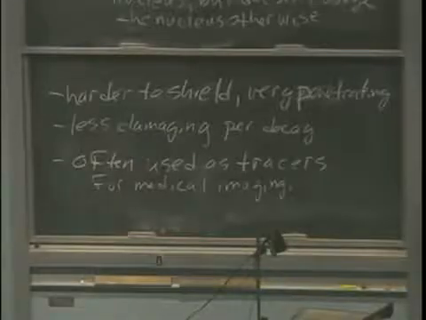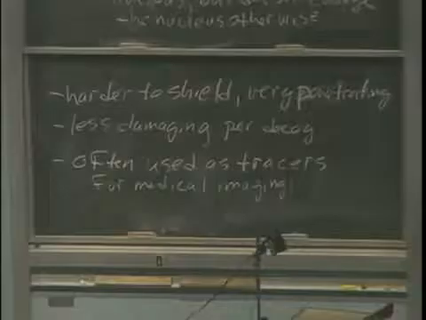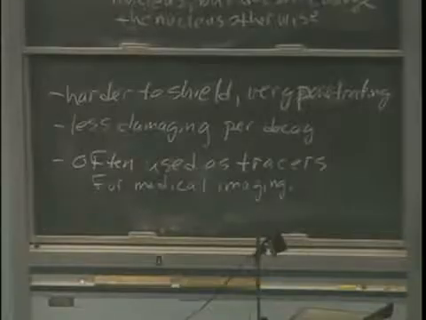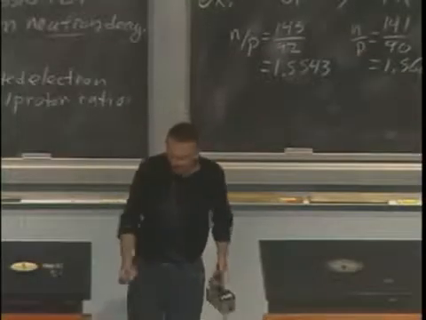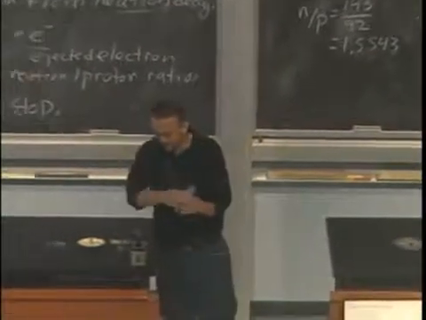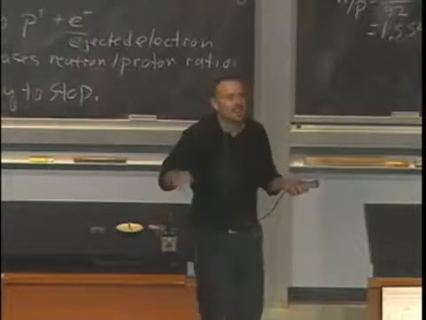Okay, so there are lots of radioactivities in the world around us. So it turns out everything around us is radioactive to some level. I've got a Geiger counter here, which is basically just measuring individual radioactive decays.